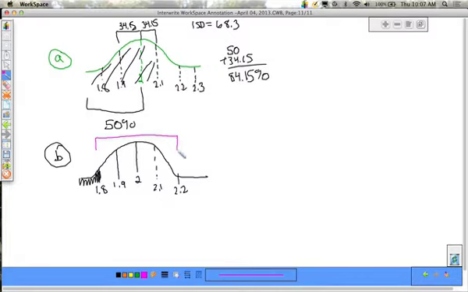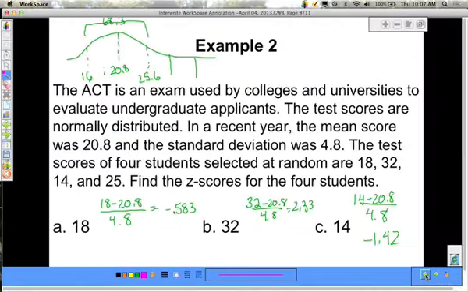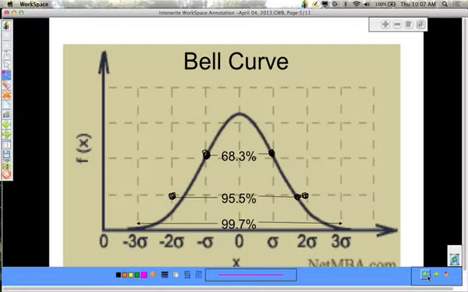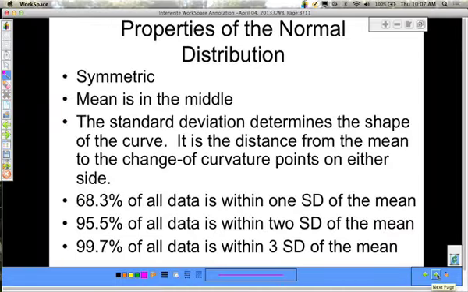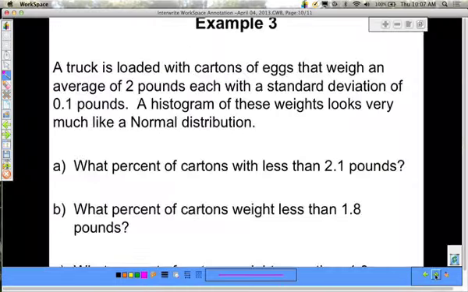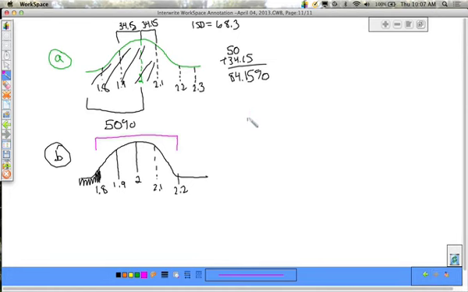So we know this entire 2 standard deviations, what was it? 99.7. So 2 equals 99.7. So on either side, let's see, 99.7 divided by 2, what does that give us? 49.85. So if we were to divide this, we know that this is 49.85 and this is 49.85.